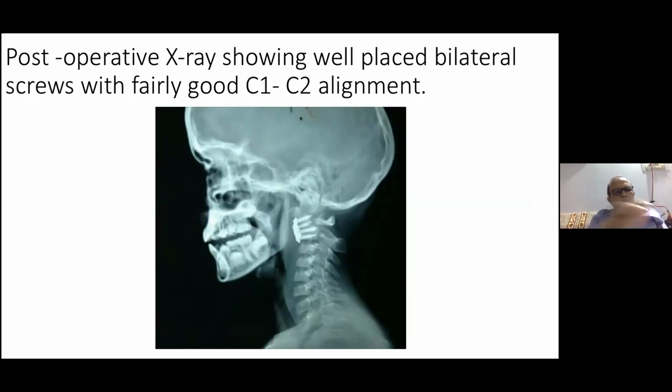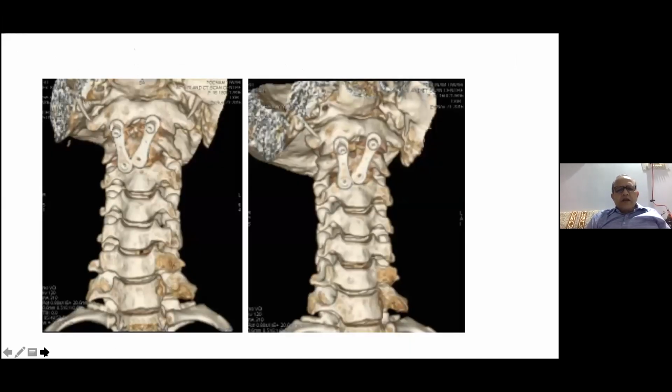It was rotated 90 degrees, so that the screw of the upper side will come on the right side, and the screw of the lower side will come on the left side in a child. But now you have good plates and screws available, and so screws and plates in place.